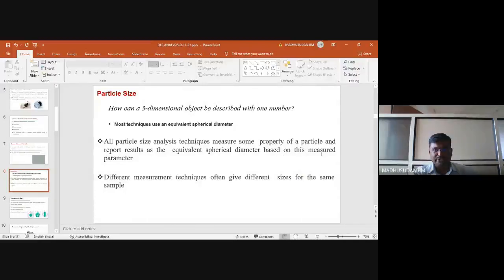Based on these measured parameters, there are different methods we use to determine the particle size as well as the particle size distribution. What such a method actually does is find out some sort of property, maybe surface energy, diffusion, or ionic bonding, and report an answer. If the same sample undergoes different particle size analysis techniques, they may give different results.